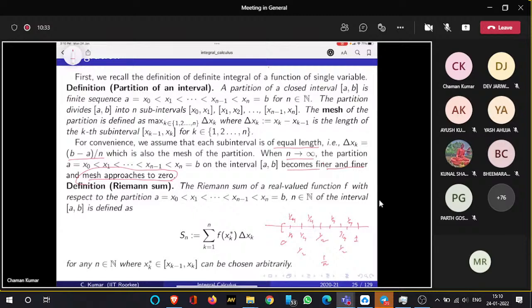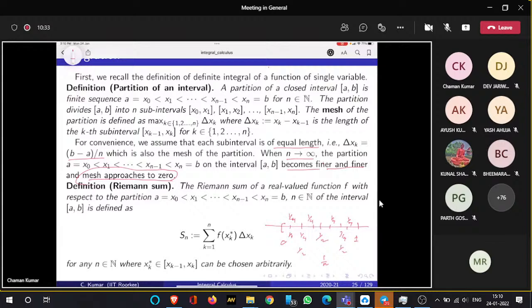Now the second definition is Riemann sum. So Riemann sum, what do we mean by Riemann sum? Let us consider I have a function of one variable.